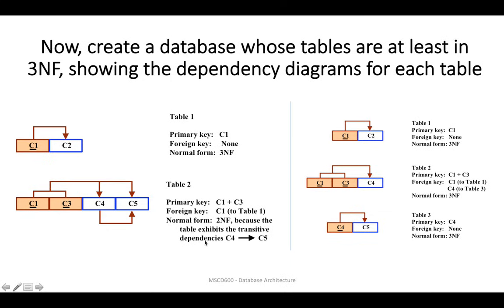For table 3, we're going to take C4, which is the determining attribute in this relationship, and just like when we did it with the partial dependency, it's going to become the primary key in the new table, even though it was not a primary key in the old table. That's what's different about transitive. The transitive determinant is always going to become the primary key in the new table.